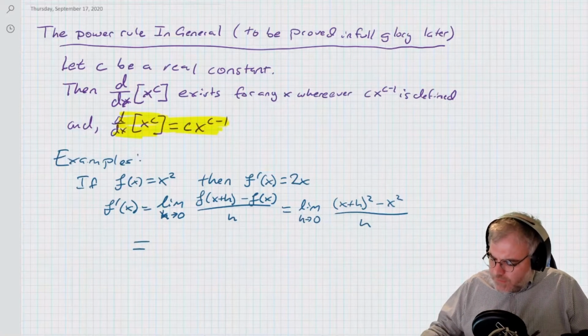Now I just do the thing: x squared plus 2xh plus h squared minus x squared.